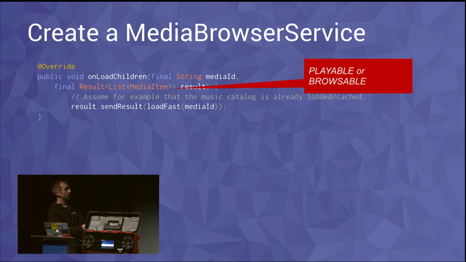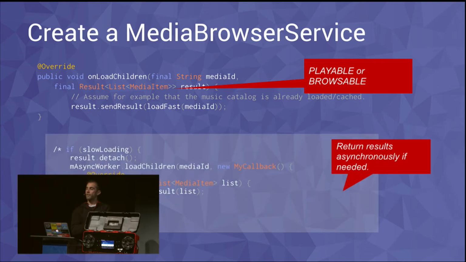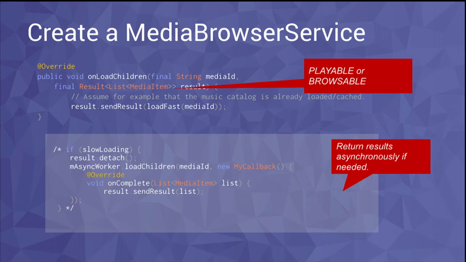So you do that. Now, you might have an app that is getting its media from the internet, so it might be a slow process to go and fetch this information. This onLoadChildren method is designed to return back very quickly. If you can't return a result instantly, what you should do is detach, load the children in the background, and then return that result later in this onComplete method here, and it returns asynchronously.